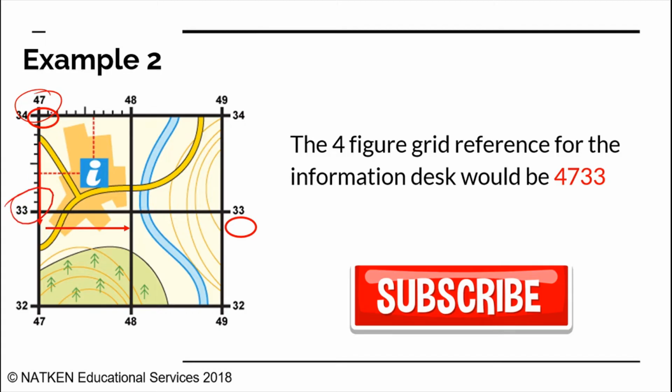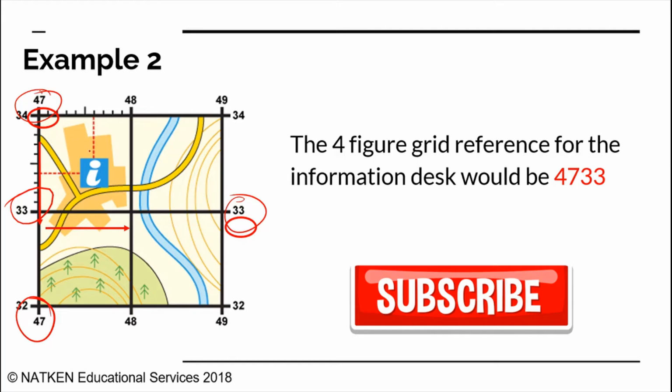You may notice that there are two sets of numbers. You have 47 on one end of the easting line, and on the other end you also have 47. So it's simply showing you that it is the one line and it has the same number to represent it. Similarly, for the northing line, we have 33 here, and then we also have 33 at the other end.